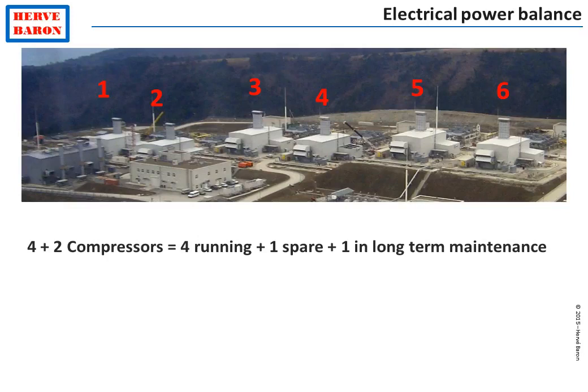Now, what shall be the power consumption considered for the compressors, the maximum power consumption? It is not 6 times the consumption of one compressor. It is neither 4 times the consumption of one compressor.